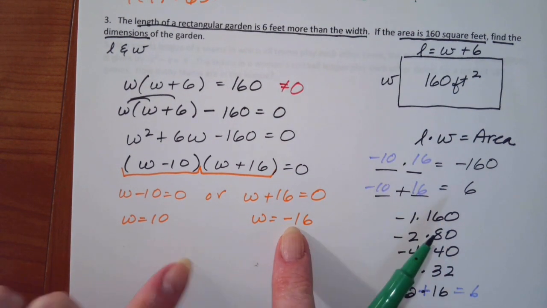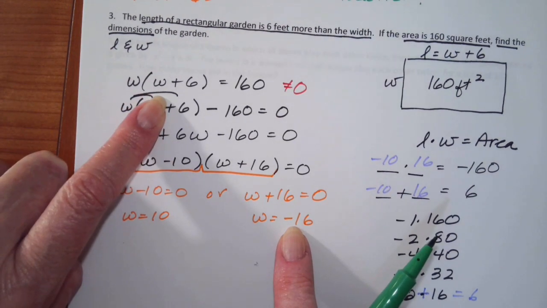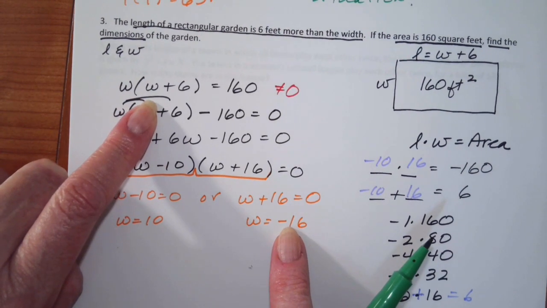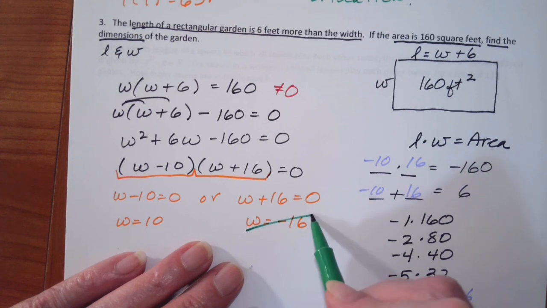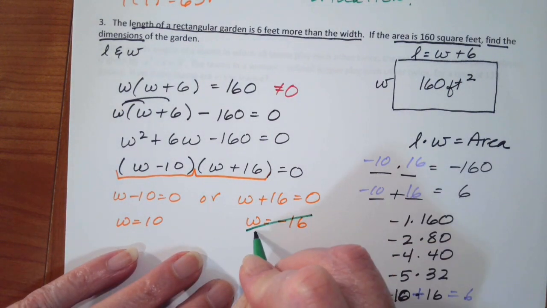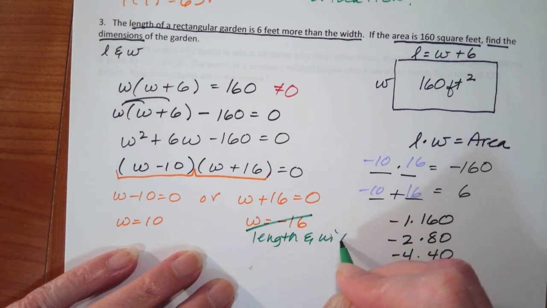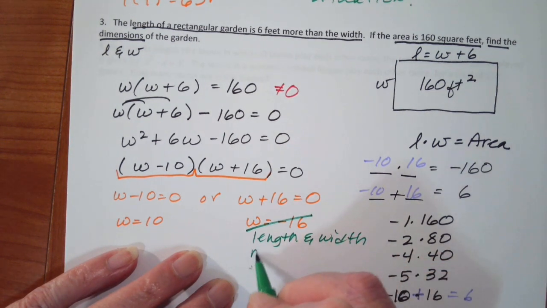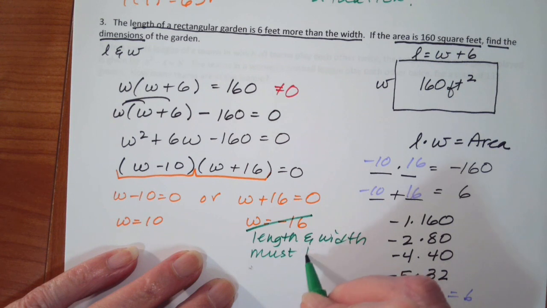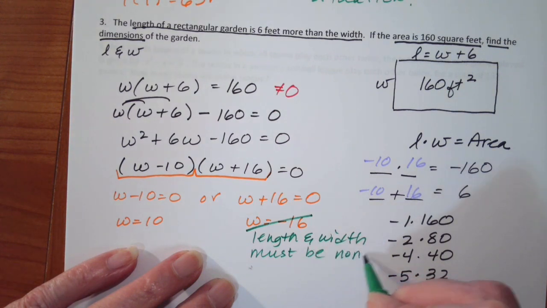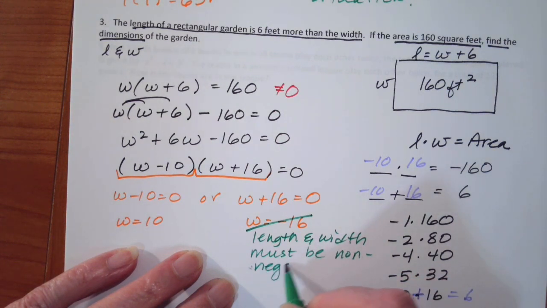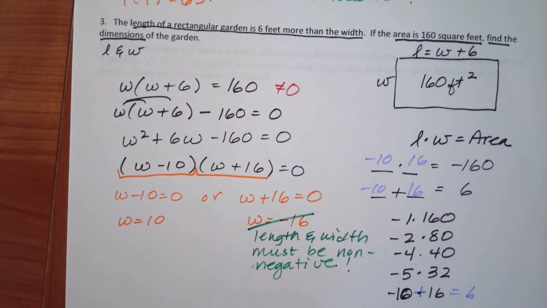Okay. This is a solution to an equation, but you can't have a negative length or a negative width. So length and width must be non-negative, so you can throw it out.